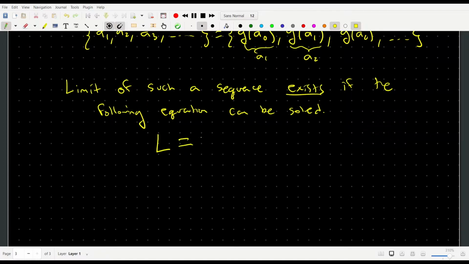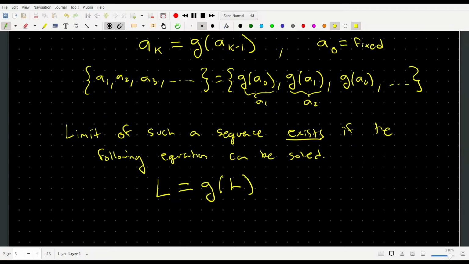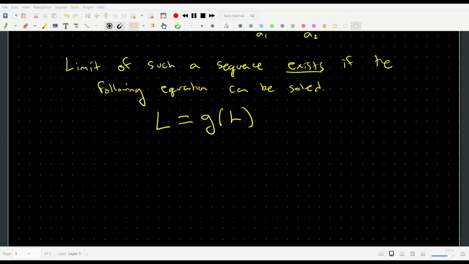L is equal to g of L. And we're really only going to be looking at continuous functions, g. So one of our assumptions here is that g of x is continuous. And the motivation here is very clear.